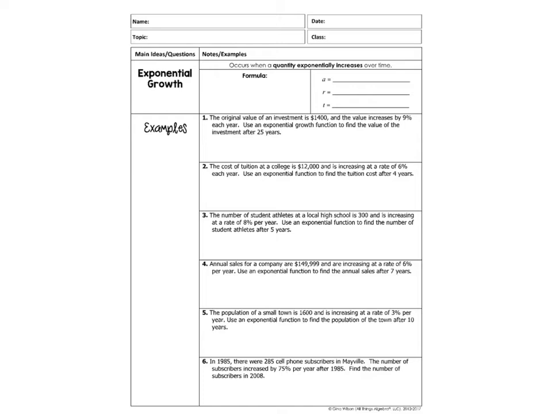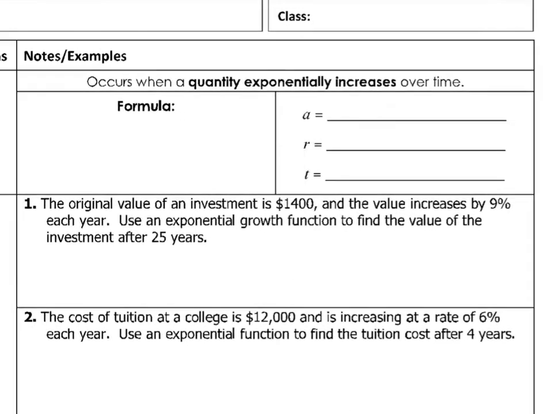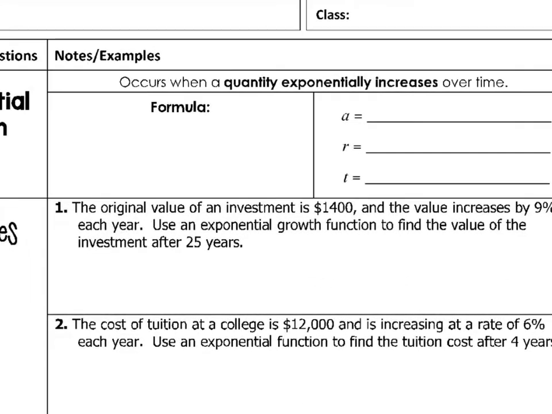Okay, so now it's your notes page. Exponential growth: y equals A times B to the x, but instead of B, we're going to call it 1 plus R, and the exponent is T. We're calling our variable T because in most of our word problems, your variable x is time.